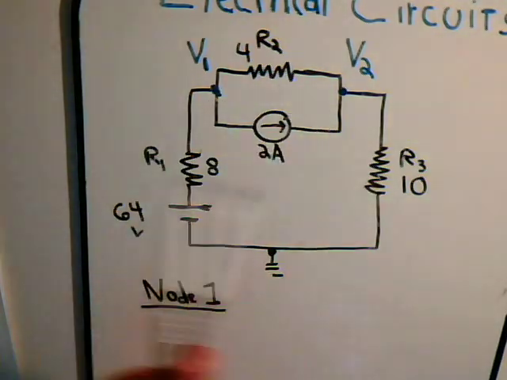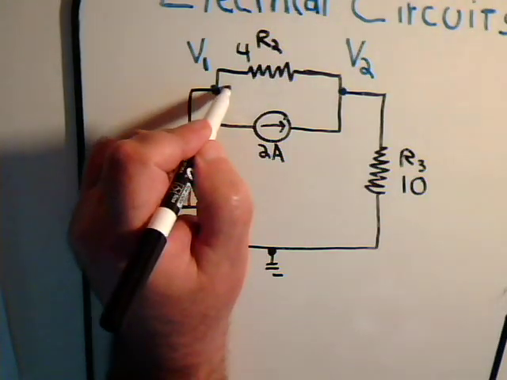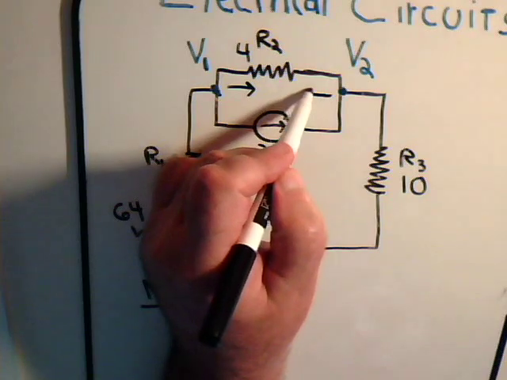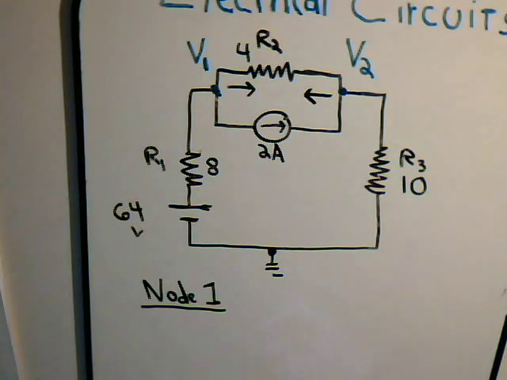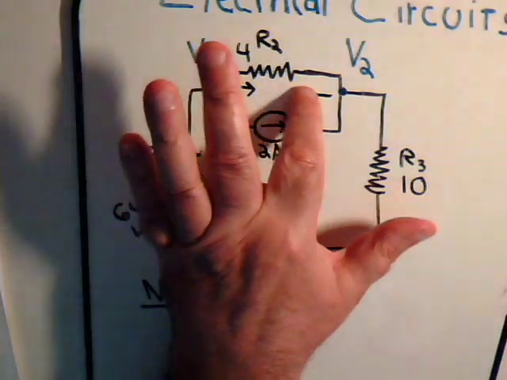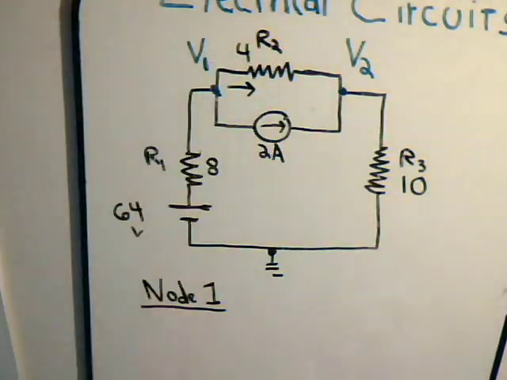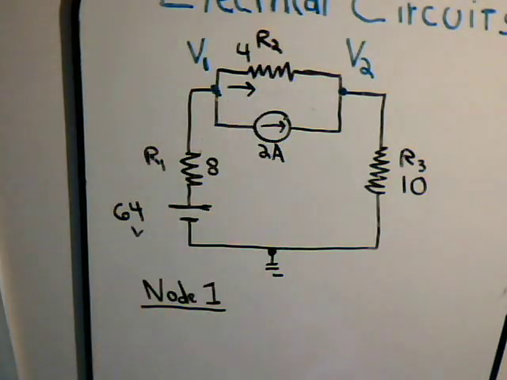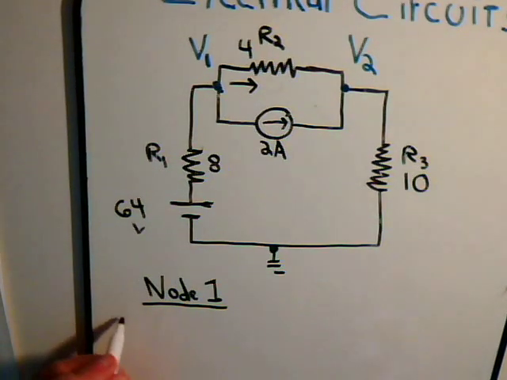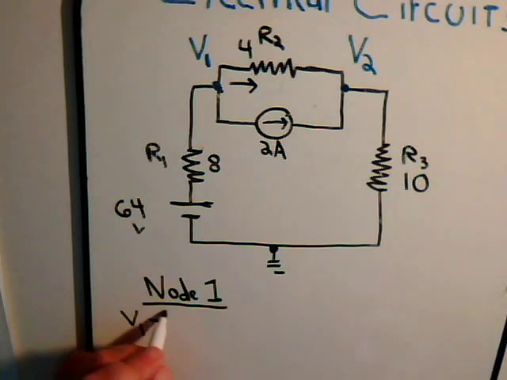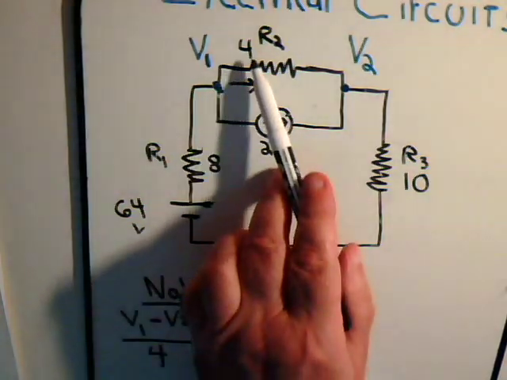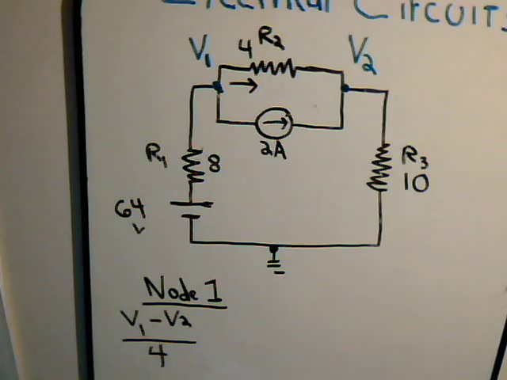These are both positive potentials, so this one would tend to make the current go this way, and this positive potential would drive it in this direction. We're assuming that the net current flow is away from this node. So the magnitude of that current is V1 minus V2 divided by the magnitude of the resistance, 4 ohms.